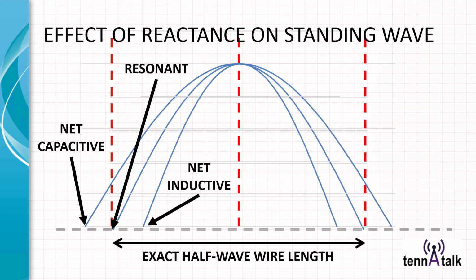Here's a way to look at resonance with respect to antenna lengths. The middle arc is when you have a resonant tuned antenna at the resonant length that's exactly matching the half-wave wire length. But now, if you have a net inductive antenna, you've added a coil into the antenna, then the standing wave wants to be shorter.